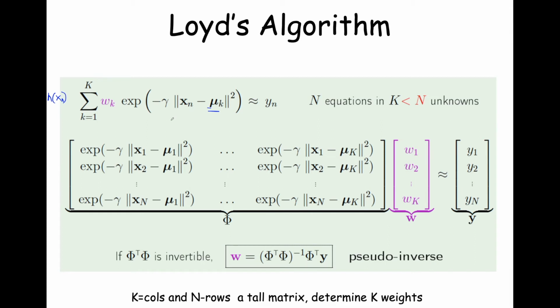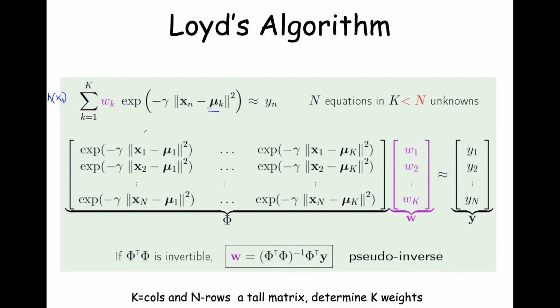So again, we can solve for this w vector, using radial basis functions, by composing our phi matrix, our set of coefficients, our evaluation of the radial basis function, right? Each row is an equation, and each column is one of these unknowns.